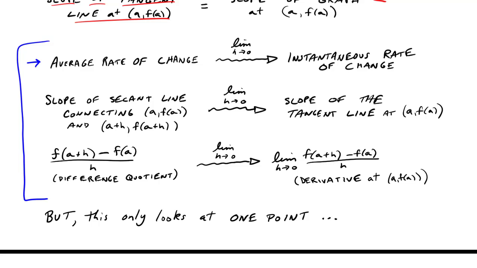So the average rate of change that we looked at initially, when you take the limit as h approaches 0, becomes the instantaneous rate of change. Okay. The slope of the secant line connecting 2 points, when you take the limit as h goes to 0, becomes the slope of the tangent line at a single point.